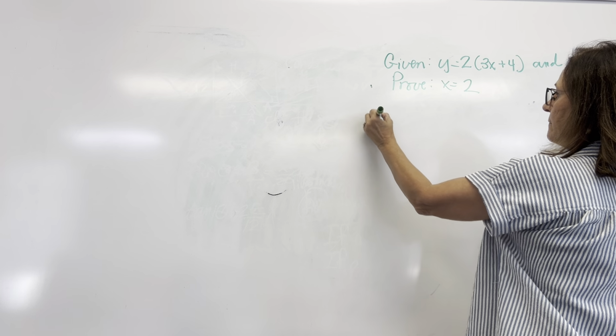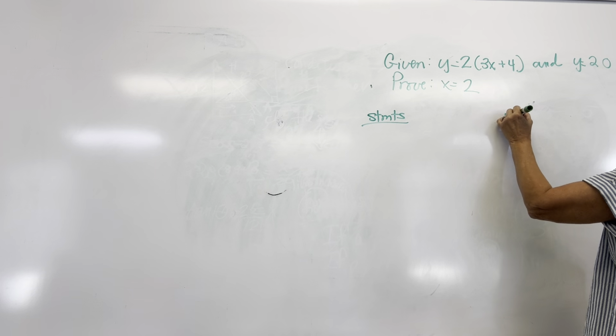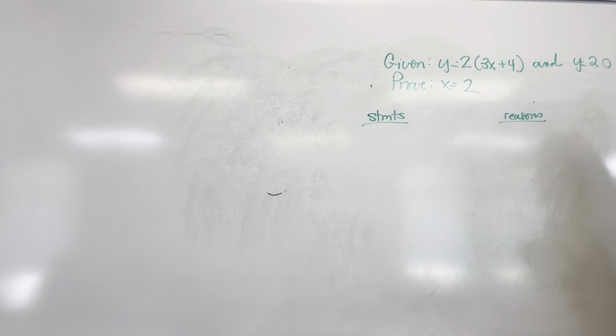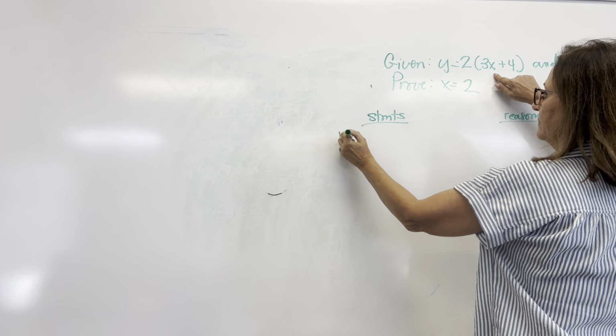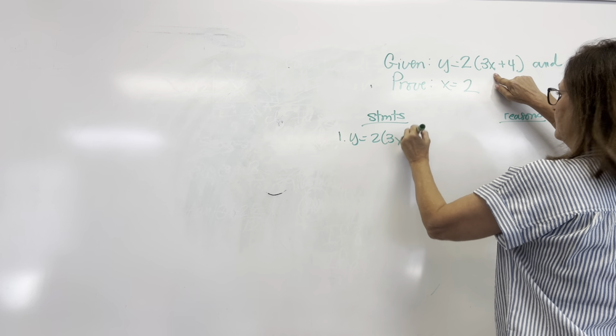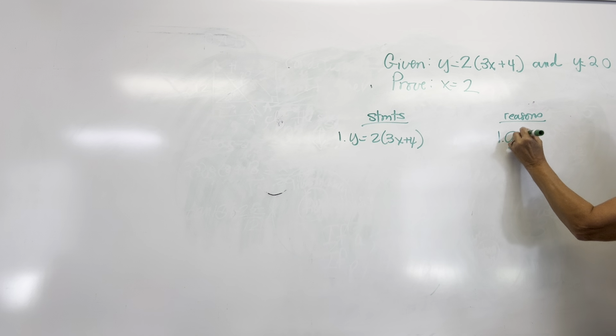So we'll have our statements, and we'll have our reasons why we can make those statements. Everybody listen. The very first statements you're going to write are the given. So watch me write the given. This is my reason.